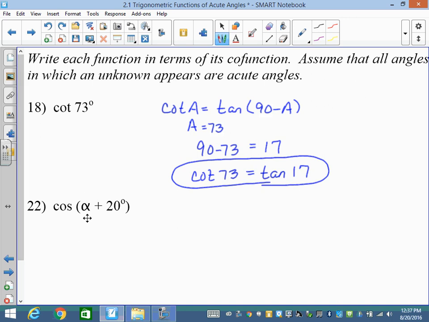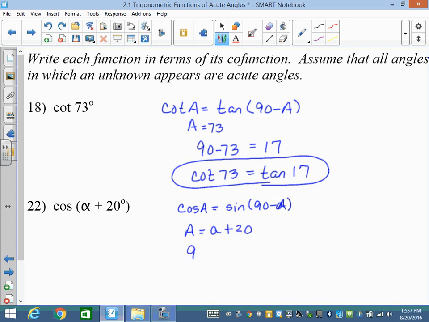Next one, they threw a variable in here, but they said assume that all angles in which an unknown appears are acute, so we get to assume that this number is less than 70. So cosine of A is equal to sine of 90 minus A. In our case, our A is alpha plus 20.